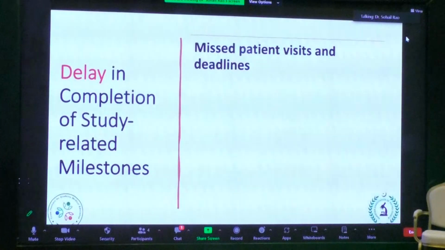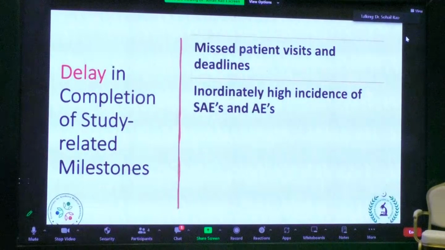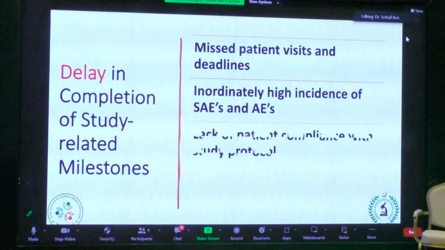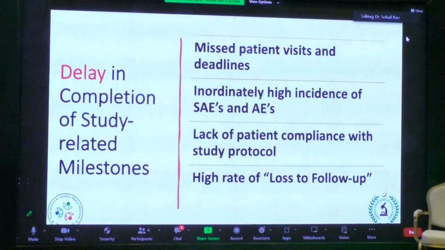There were missed patient visits and deadlines, and an inordinately high incidence of SAEs and AEs, and they attributed this to the lack of experience of the investigator and the research staff. There was lack of patient compliance with study protocols, and a high rate of loss to follow-up. And that was one of the reasons why PPD had to pull that study from the two institutions in Pakistan.